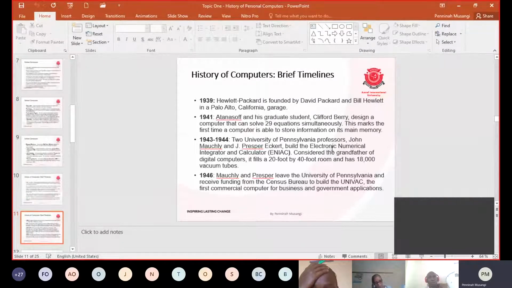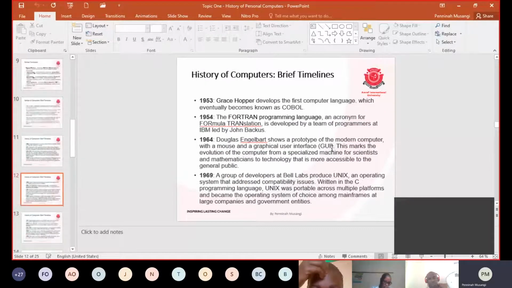So computers started being bought by institutions, government and businesses for use. UNIVAC was the first computer to be made so that it can be applied in commercial, business and even government applications.